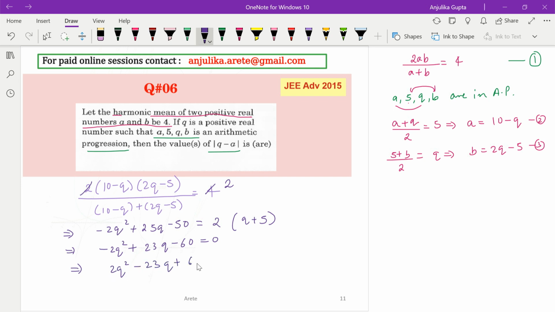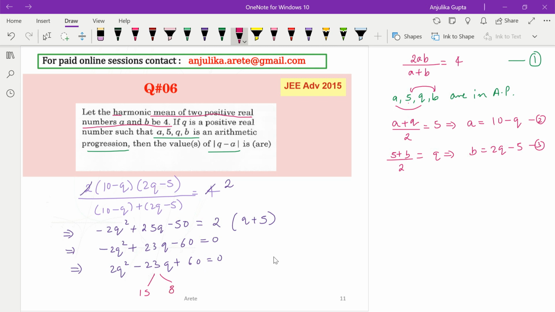Now simple, factorize this. Whatever method you want, you can use. You can just split this 23. It's easy: 60 times 2 is 120, so 15 and 8 works.